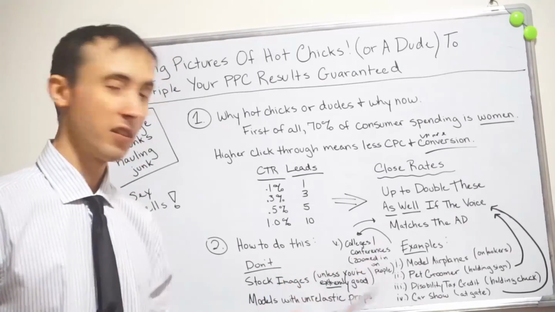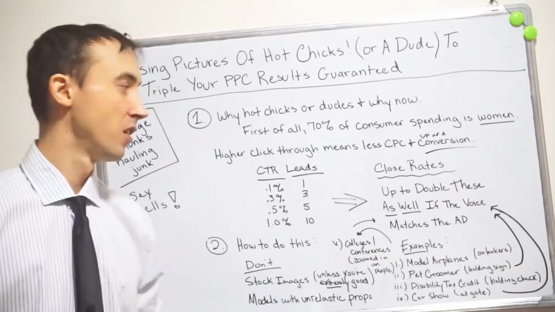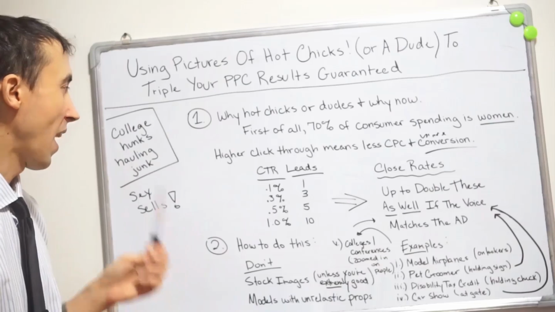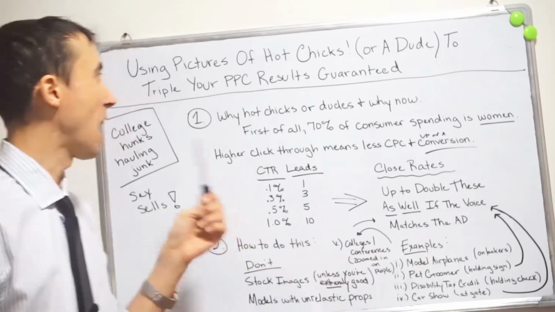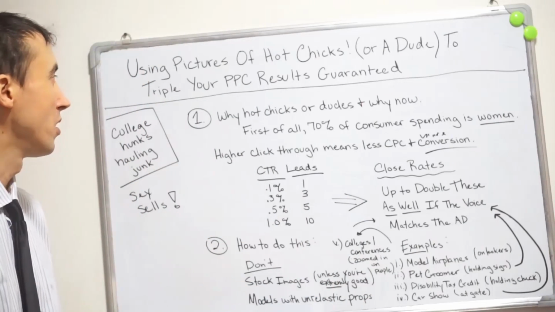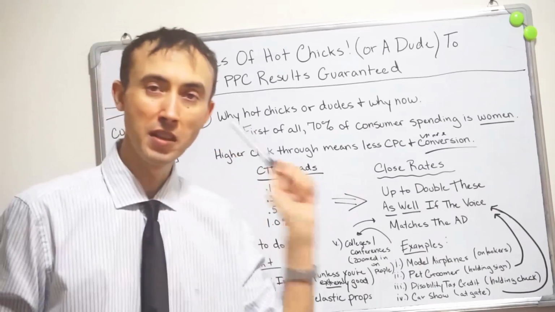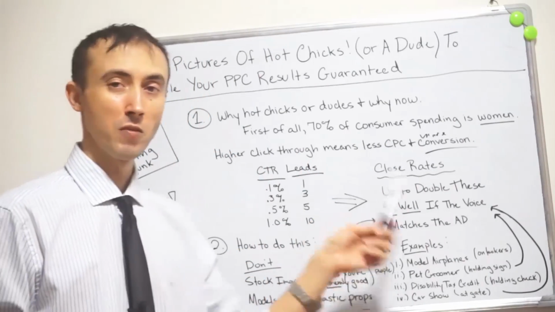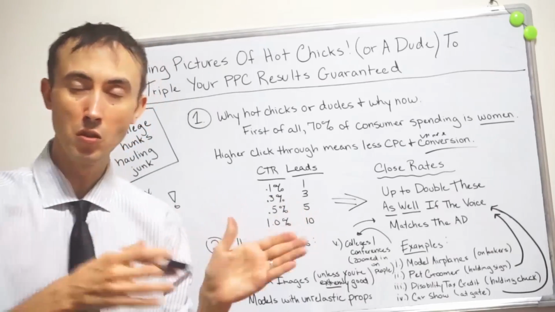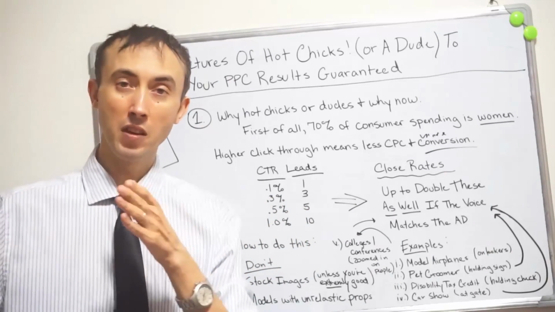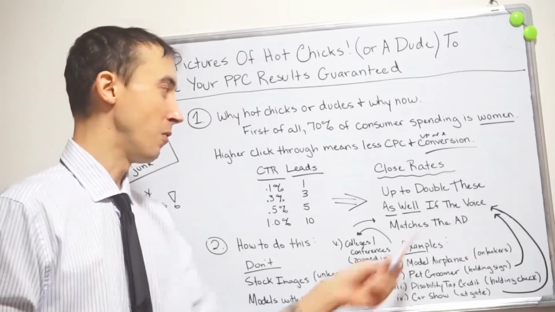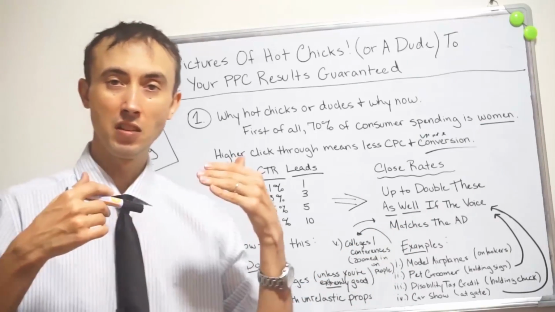So anyway, that sums up the hot woman / hot guy, triple your PPC results guaranteed methodology to increase your click-through rate. You'll increase your conversion rate by having the hot guy or woman on the landing page, which I didn't talk about. That's also going to come into play. And if you have that person seem to be on the other side of the phone when you're generating leads, you'll increase your results even more.